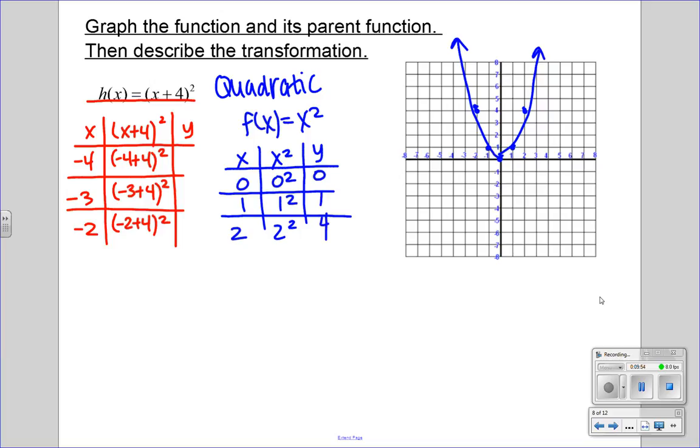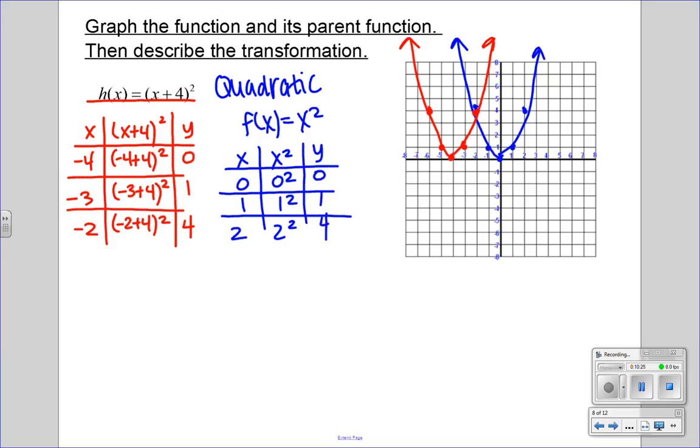So I'm going to get 0, 1, and 4. So I have a negative 4, 0, negative 3, 1, and let's reflect that over, and then negative 2, 4. Okay, reflect it over. And here we go. Here is our h of x function.